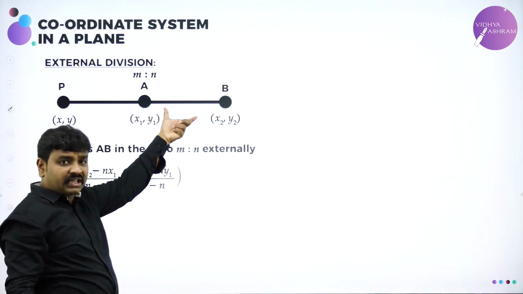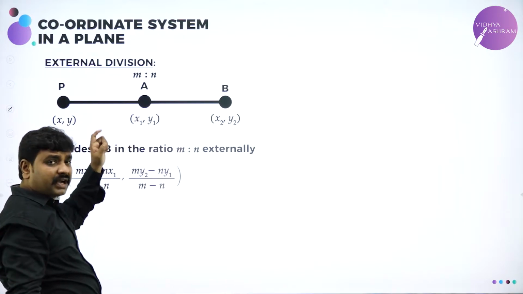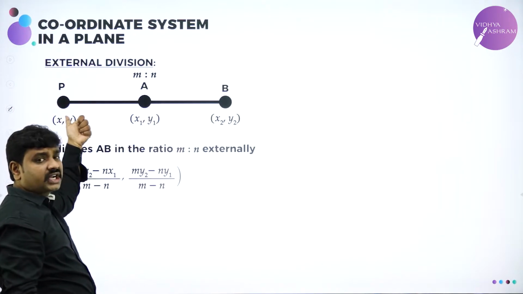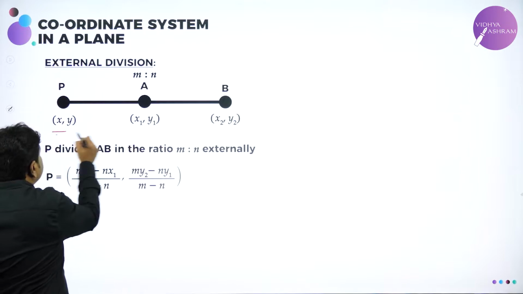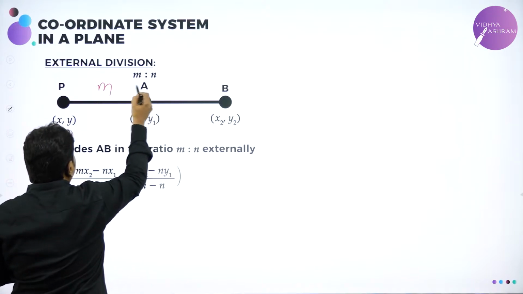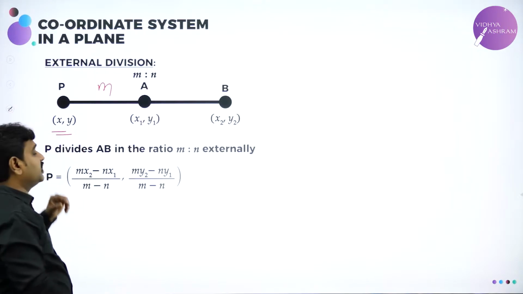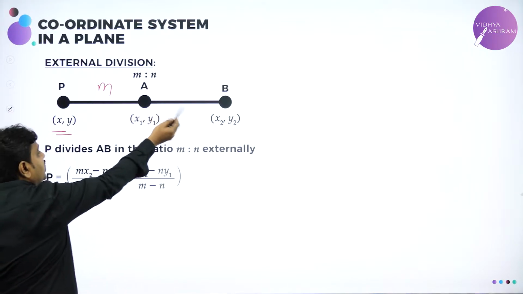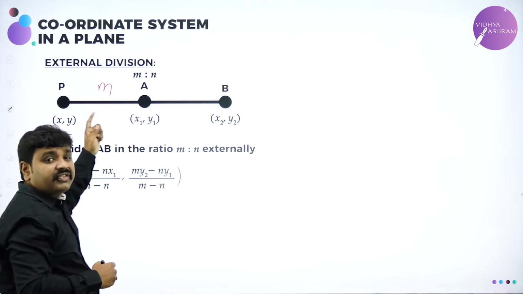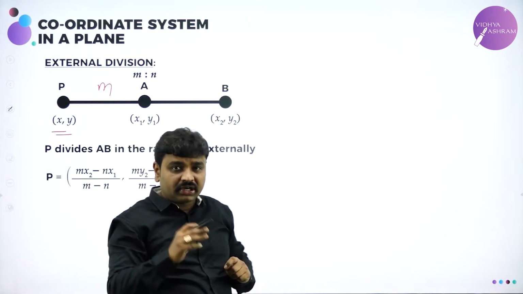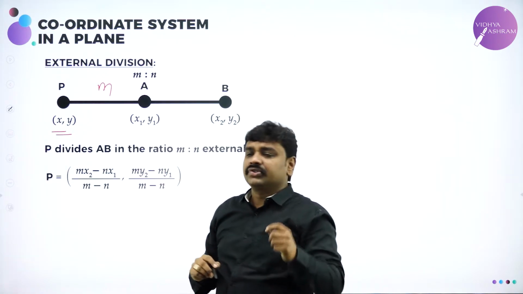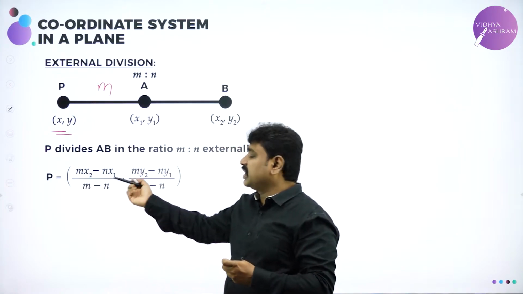Here A and B are the line joining points, and I want to compare AB with respect to P. P lies outside. So this is a point which divides AB again in the ratio m is to n, but externally. The point of division lies outside A and B. Hence we call this as point of external division. What do we call it? Point of external division.